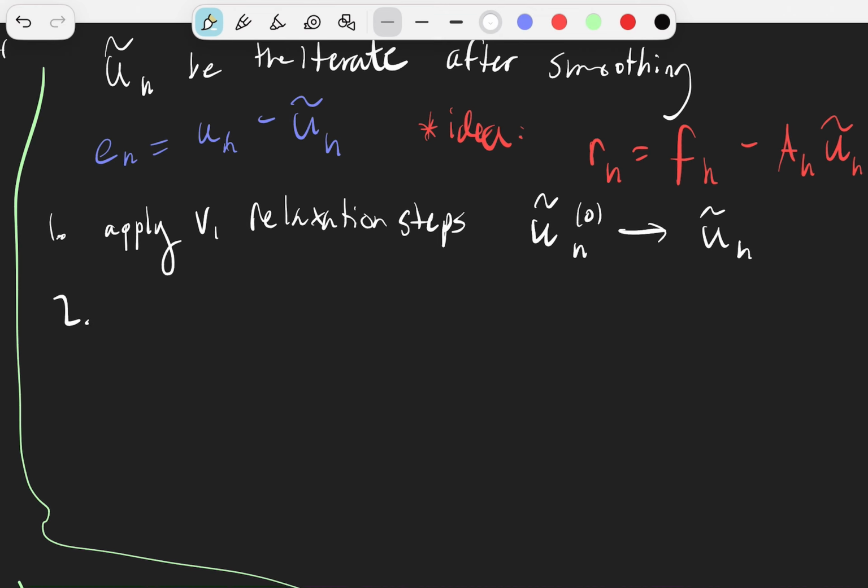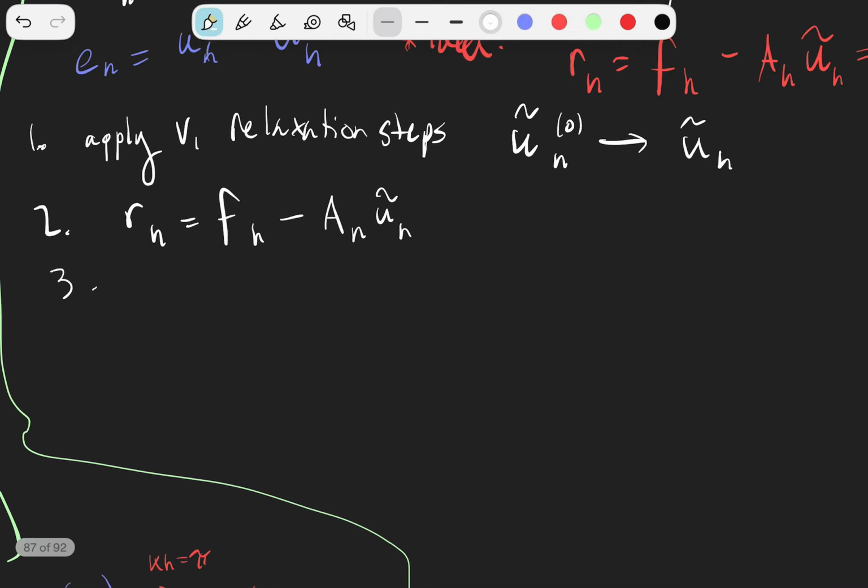And then what we can do is compute the residual that we defined up here, which will look like this. And then we can restrict the residual to a coarser grid, so coarsening it out and applying some restriction operator.